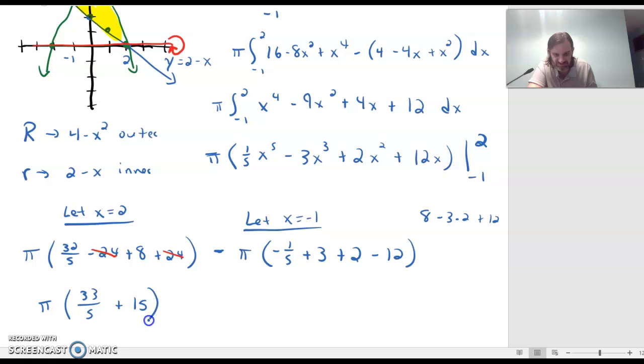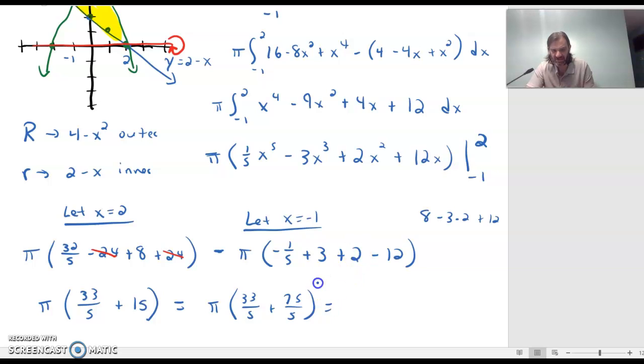Yeah. So I don't know if we want a common denominator there, but we've got pi times 33 fifths plus 15. So what is 15 times 5? If we just keep going with this, this is 33 fifths plus 75 fifths. Hopefully I don't mess this up.